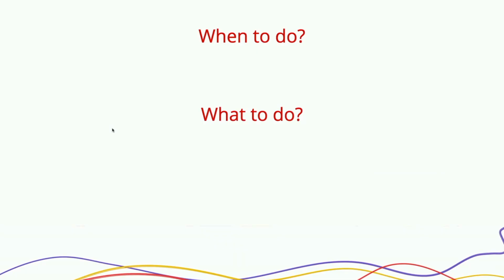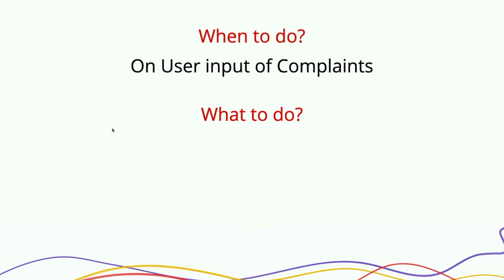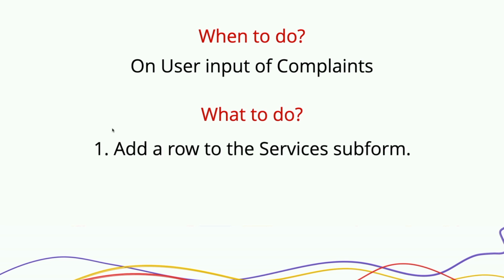Again, simple: when to do and what to do. When to do is simple as always, on user input of complaints. What to do? For every complaint that's being selected, we need a new row to be added into the subform. So that's going to be number one. We just don't need an empty row in there. We want values to be populated.